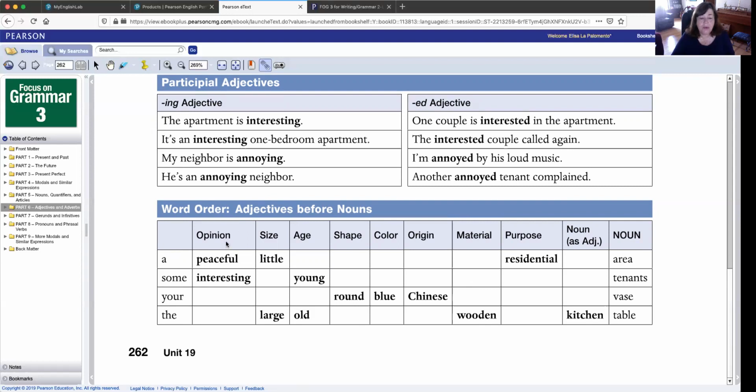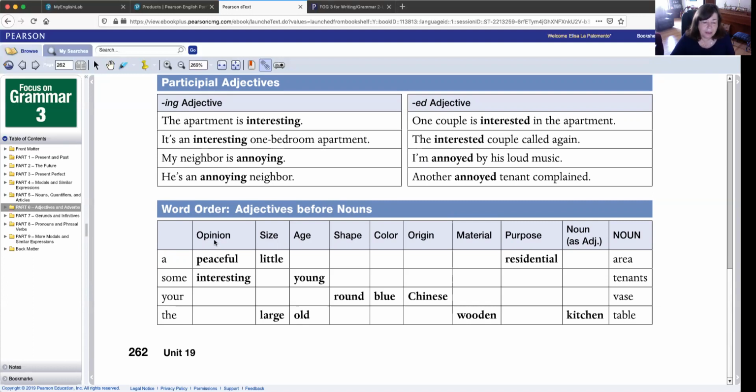So opinion are words that could be different for people. They have the word peaceful under opinion. They have the word interesting under opinion. Because some people might find something interesting, but other people may not think it's interesting. Some people might find a certain place peaceful, but other people may not. So opinions are different from person to person, okay?